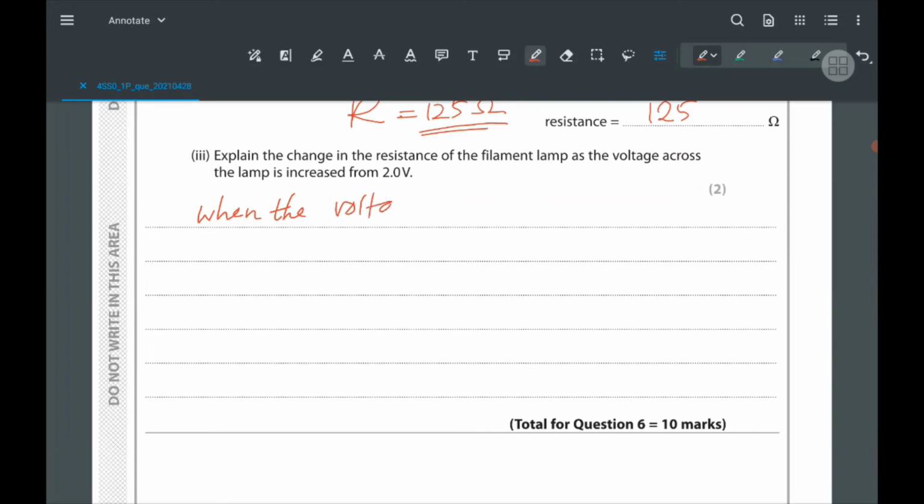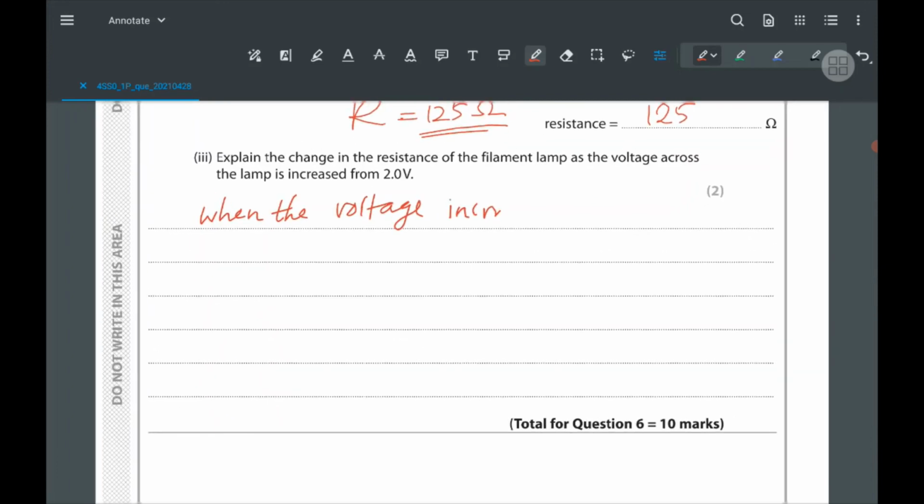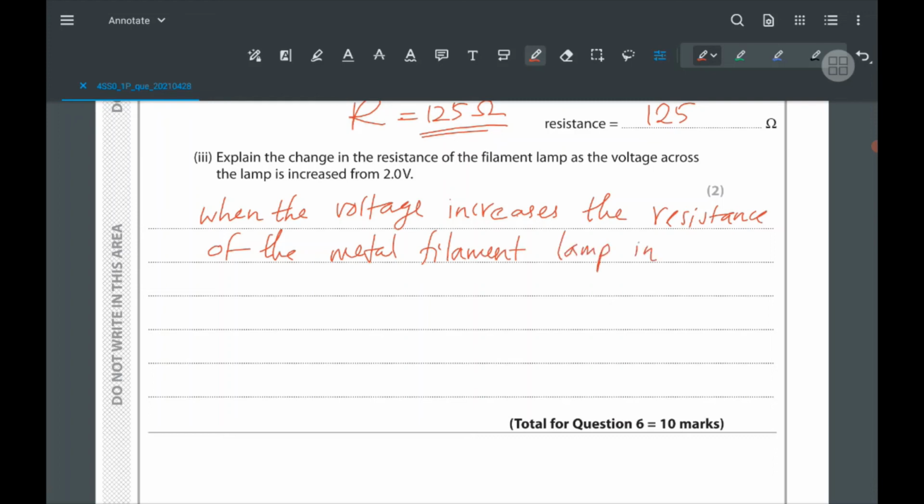When the voltage increases, the resistance increases due to the increment in temperature.